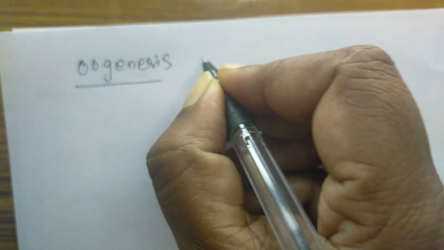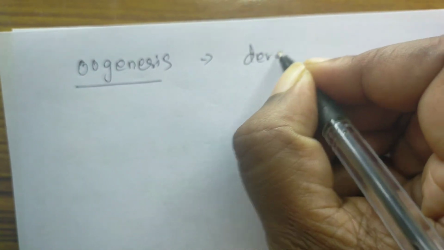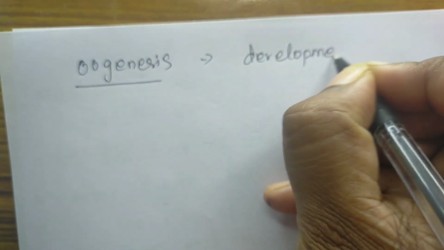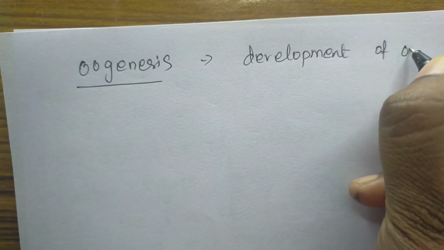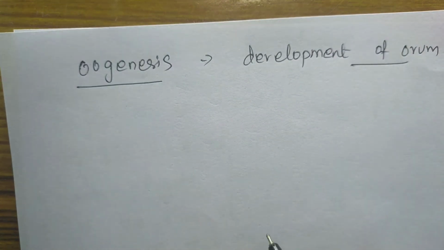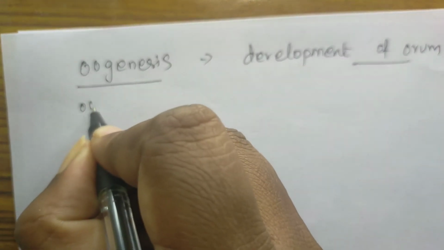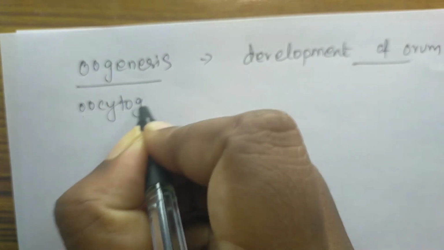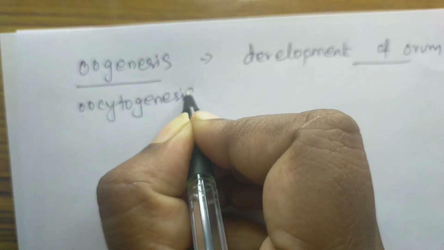To find out the answer, we should know some basics, and we should know what oogenesis is. Oogenesis is nothing but the development of ovum from the ovary. There is one more process known as oocytogenesis. What is oocytogenesis?